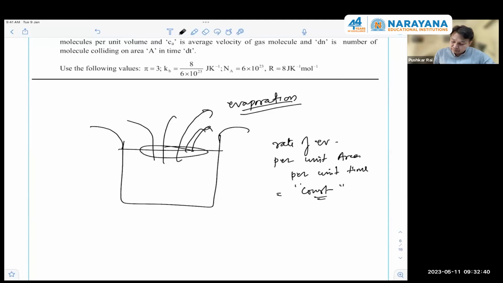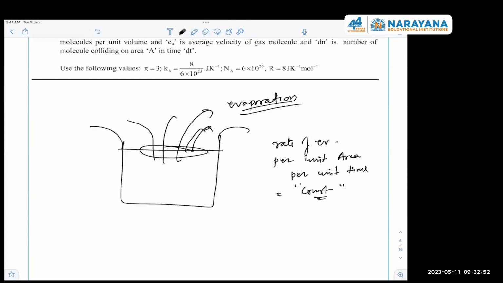Yes or no? Rate of evaporation per unit area per unit time. Do you have a gut feeling? Will it be constant? Yes, sir. It will be constant. How do you know it is constant?